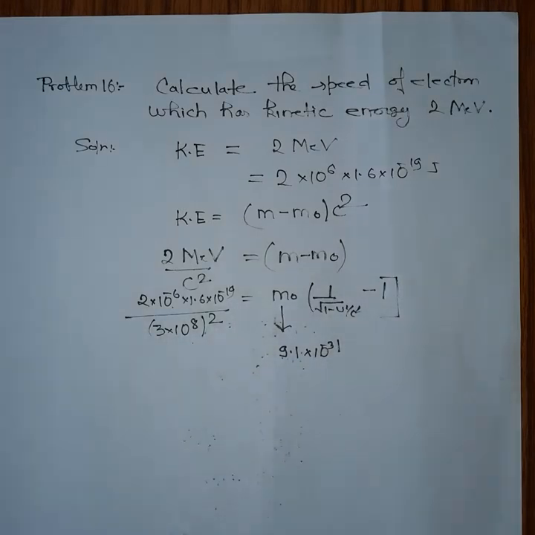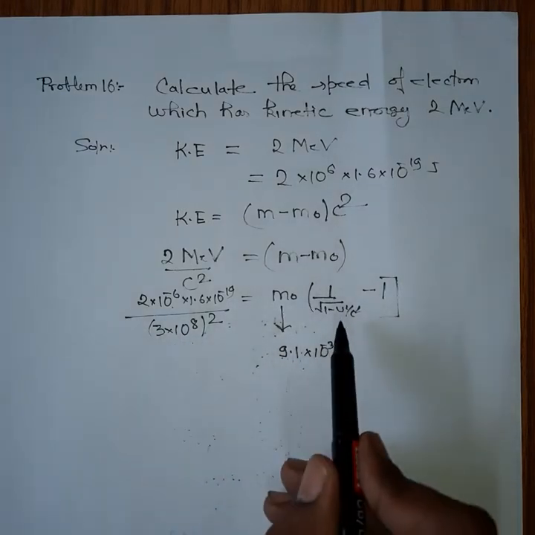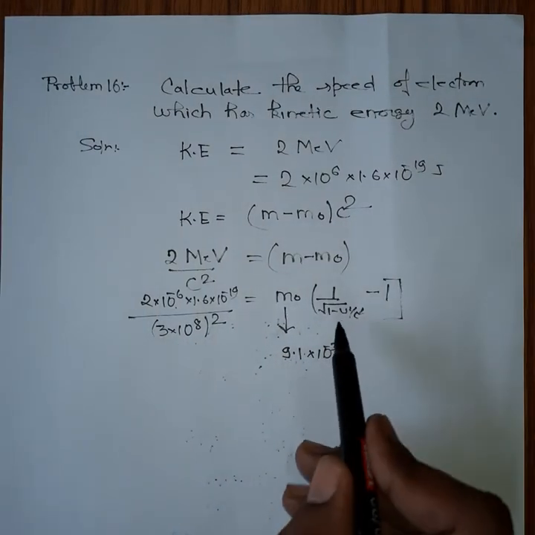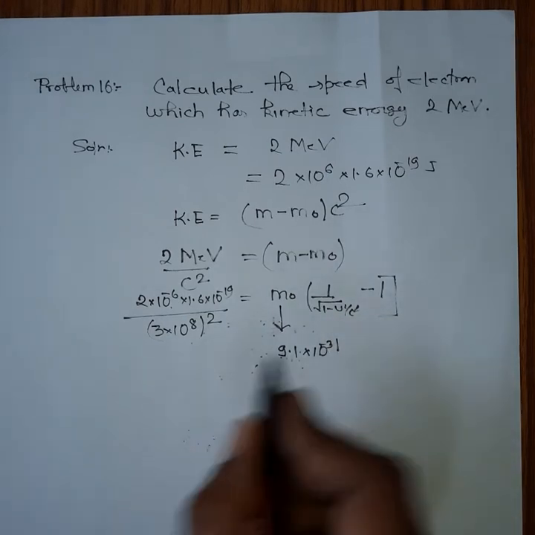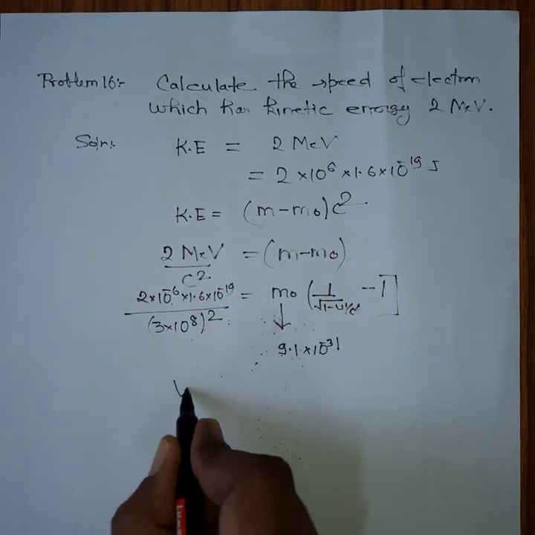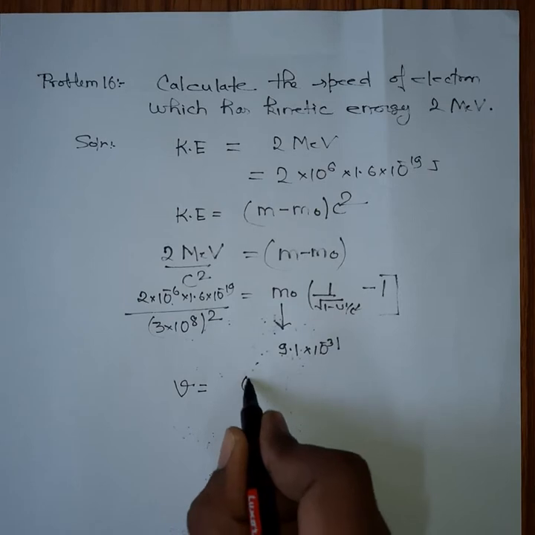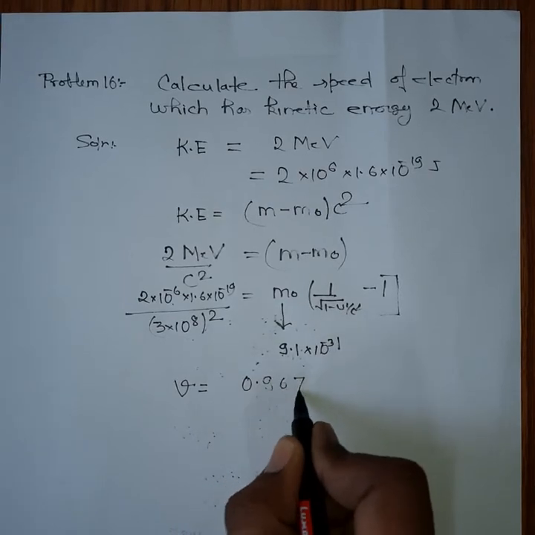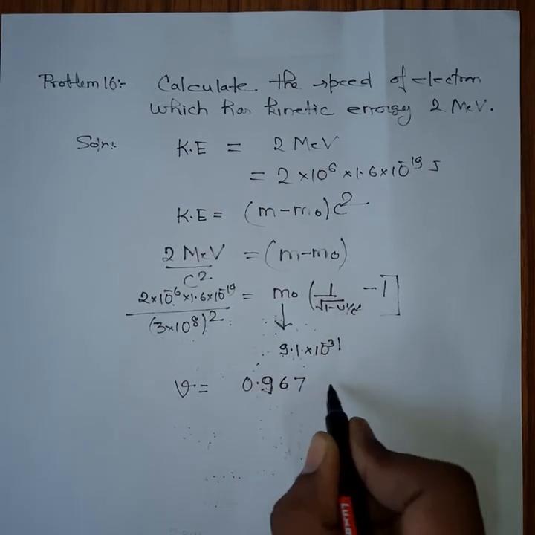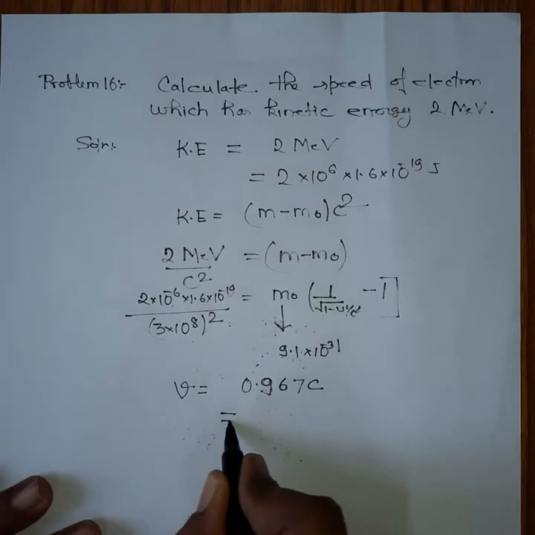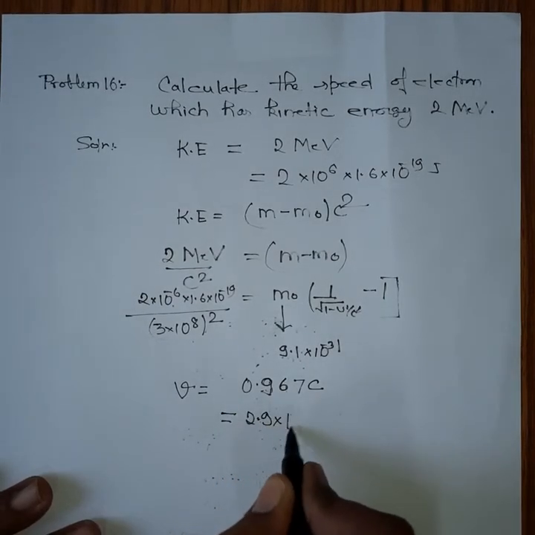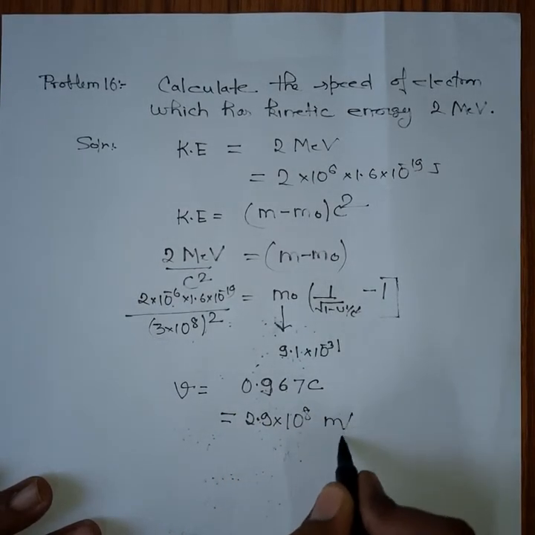So this problem is almost solved because the only unknown quantity is v. If we solve this problem, we will get v equal to 0.967c, and this is equal to 2.9 × 10^8 meter per second.